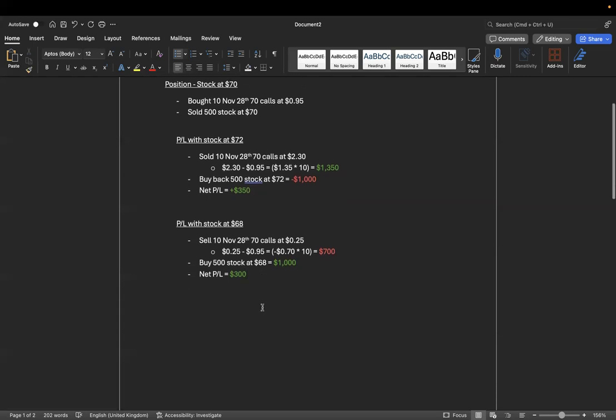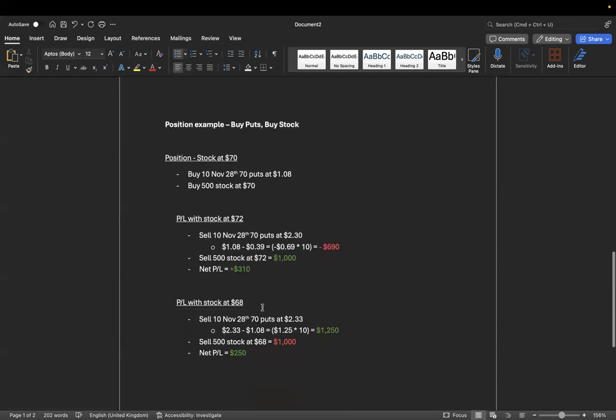And just to give you an idea, this works on the put side because puts can be calls and calls can be puts. And it doesn't matter. So here's the example on the put side of the trade. Okay, so we're going to, again, enter the trade with the stock at 70, and we're going to buy 10 NOV 70 puts at $1.08. If we recall, that's where the mean was, the midpoint. And we're going to buy 500 shares at 70 because, 50 deltas either way.